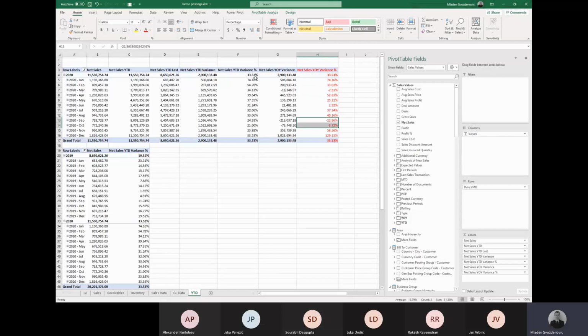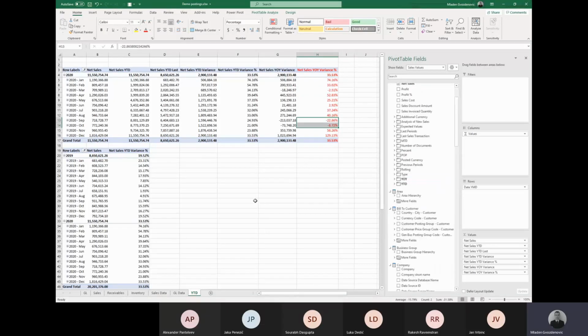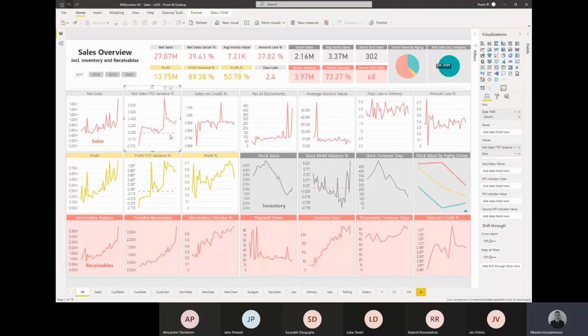But customers can do both, and we are really very strong on this comparison. But for now, about this will be enough to explain this. So whenever you see a variance percentage, that is comparison to the previous year-to-date or year-on-year. Most customers would use year-to-date. Then we have sales on credit or sales on deferred payment.